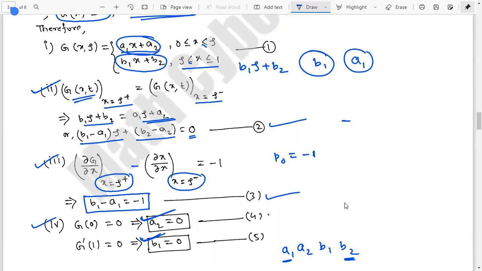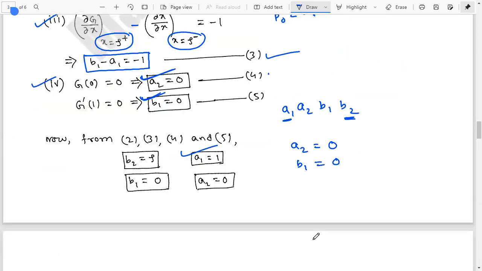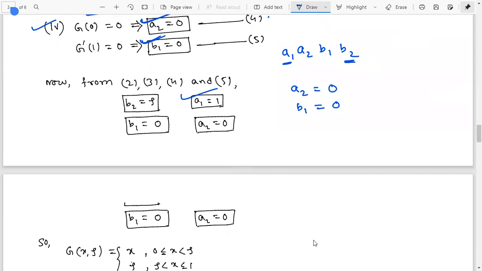That means minus ζ plus b2, and a2 equals 0, so this equals 0. So b2 equals ζ. So b2 equals ζ, b1 equals 0, a2 equals 0.